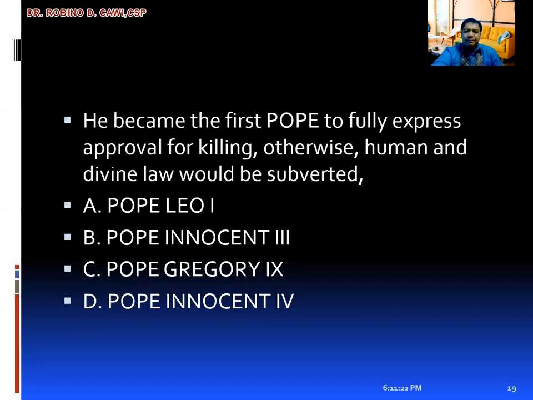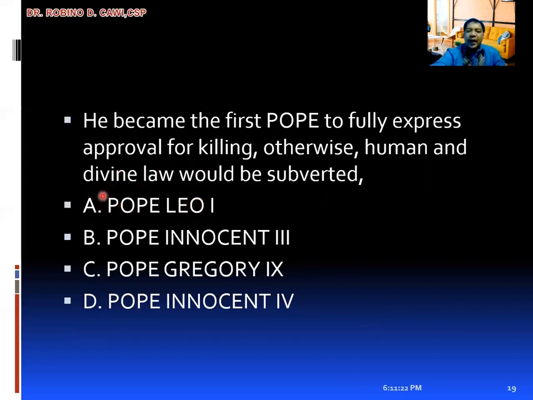When they are all fed up because the nature of the crime committed by the people is becoming more and more seriously believed, okay, that some action should be undertaken, and that action is to be more drastic, okay, in taking measures against the so-called criminal offenders. And the first pope to ever allow the use of death penalty as a means of dealing with criminal offenders is no less than Pope Leo the First.